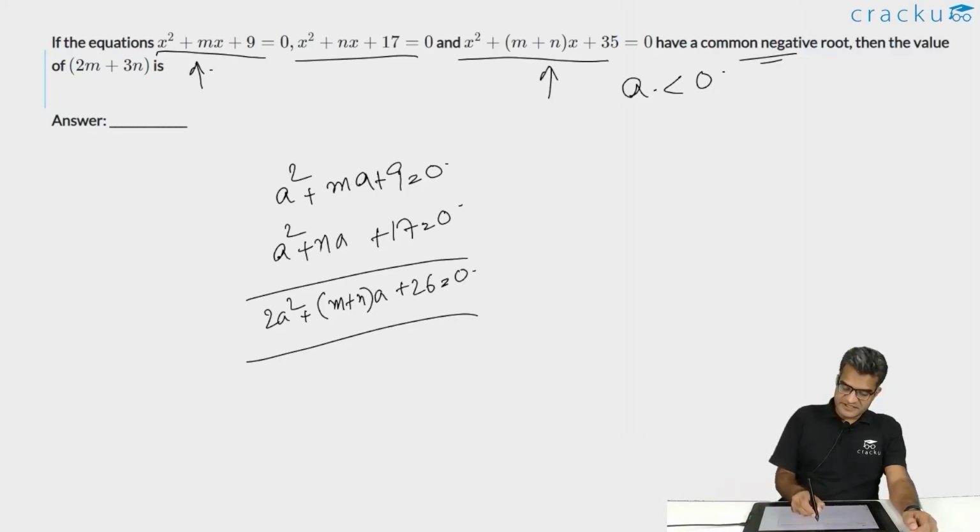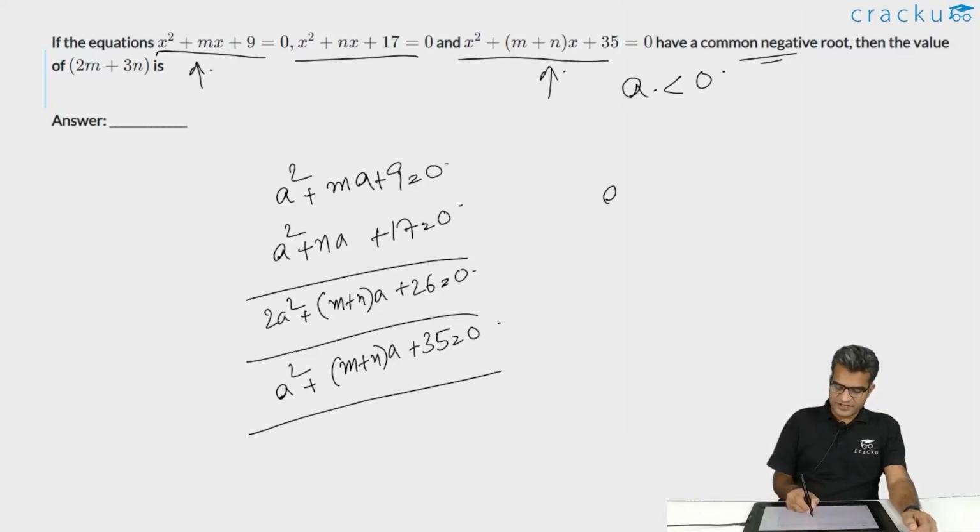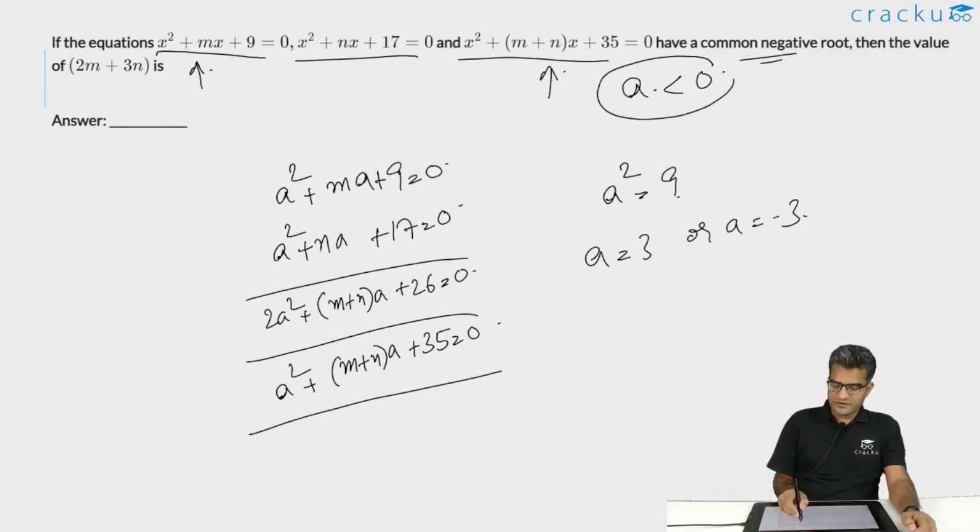The third equation says that a square plus m plus na plus 35 is equal to 0. We can subtract one from the other. We are going to get that a square is equal to 9. So either a is 3 or a is minus 3. But we know that a is negative. This would imply that a has to be minus 3.